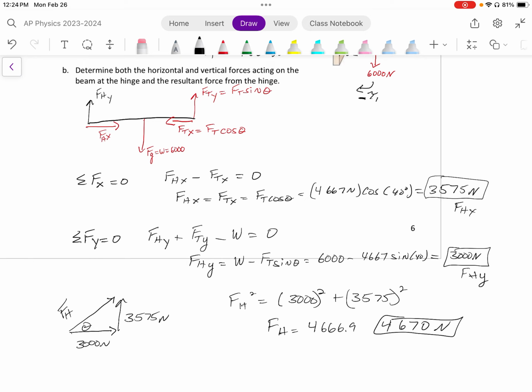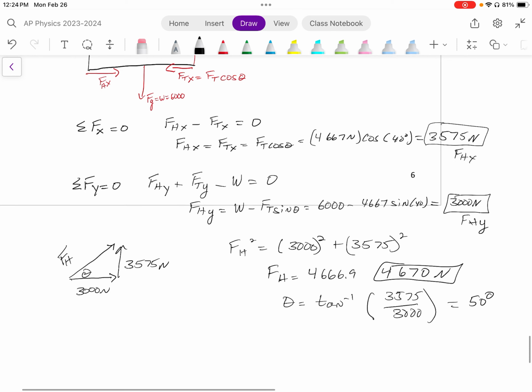So I'm going to find that angle, and theta will be equal to the inverse tangent of the opposite, 3,575, divided by 3,000. I got 49.99, so I'll call it 50 degrees.